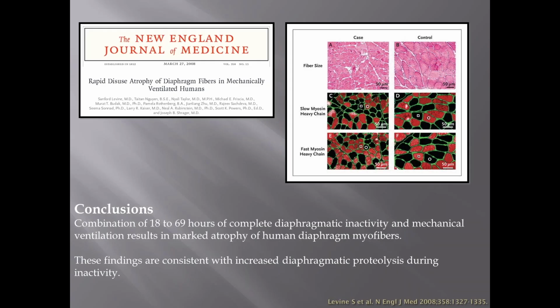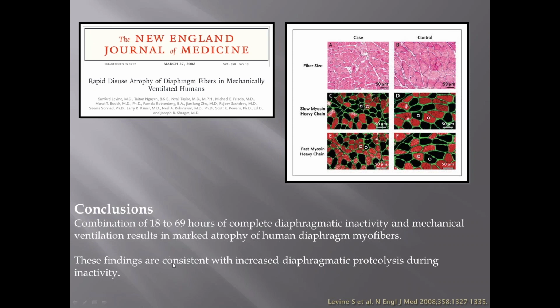You guys know about this study. It was a small study that looked at both brain dead patients and patients who were having resections for lung cancer. What they did was take little pieces of their diaphragm while they were in the OR. This is the cases, and these are the controls. What do you guys think about the difference between the myofibers of the diaphragm here versus here? They're atrophied.